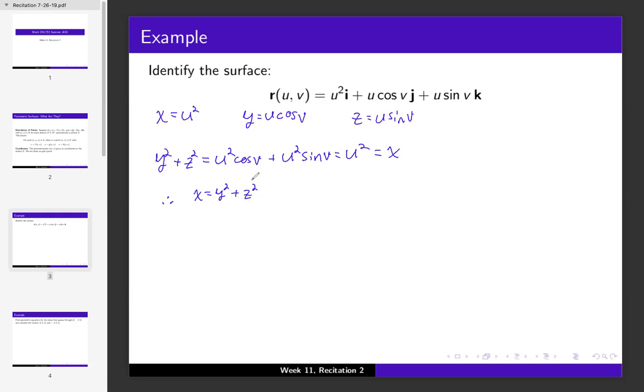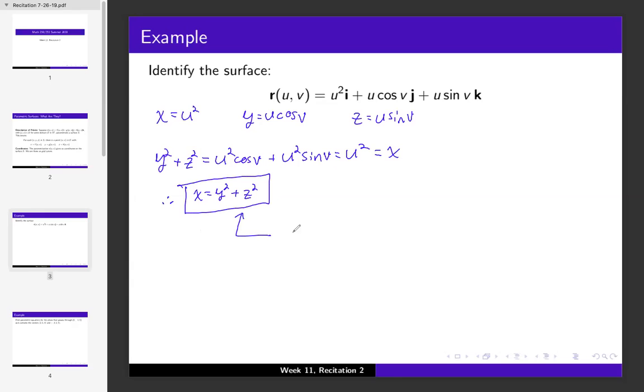Now this is taking advantage of the fact that we know that x is u squared, y is u cosine v, z is u sine v. So every point x, y, z has to satisfy those three equations, but that implies that they also have to satisfy x equals y squared plus z squared. So in fact, this is what the surface is: x equals y squared plus z squared.